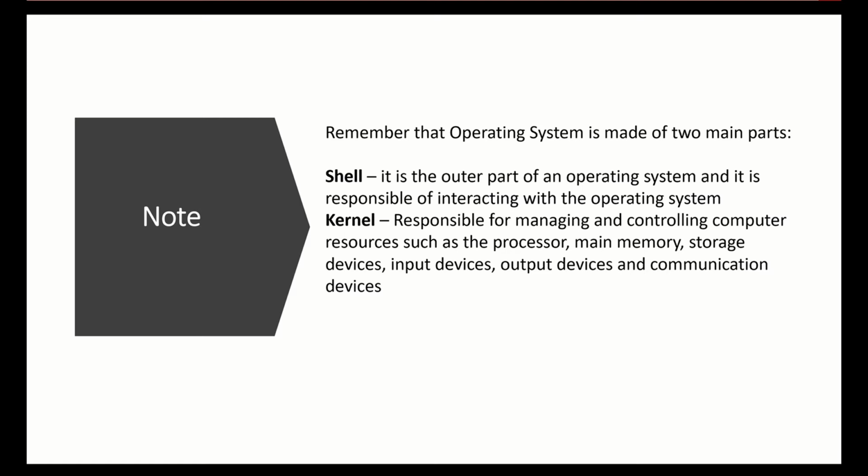For example, we have peripherals like a keyboard and a mouse. These peripherals help the user to interact with the system. So they exist in the shell space. Then you have the kernel, which is responsible for managing and controlling computer resources such as the processor, main memory, storage, input devices, and so on.